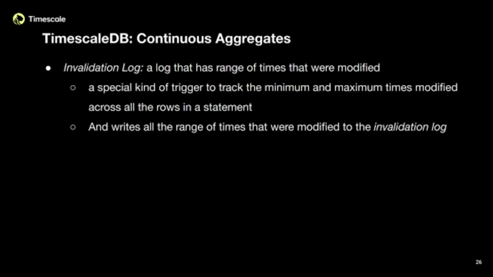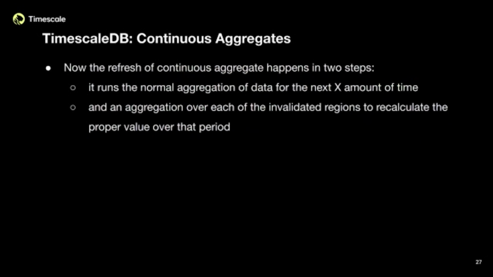It means that if I insert data in the past, or change data in the past, do an insert, update, or delete, we create an invalidation log, a record in a table, so that when we refresh the continuous aggregate again, we will process this invalidation log and keep this range, run the aggregation just for this specific range, and update this inside the continuous aggregate. So this is much, much faster than doing a refresh materialized view in vanilla Postgres, because you would have to aggregate all the data again.